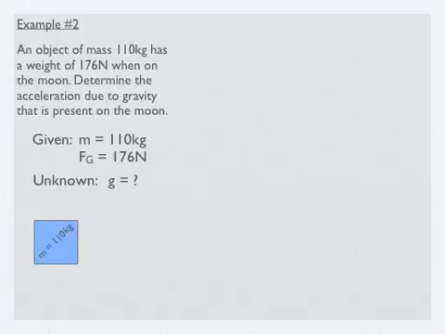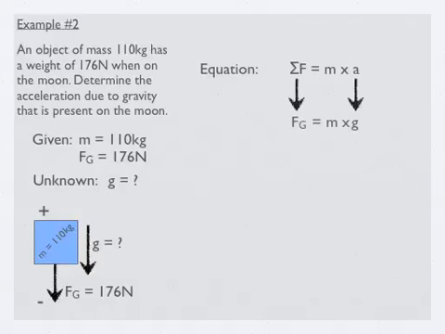We'll make our free body diagram, again just a simple shape, with up as positive, down as negative, our force due to gravity there, and then we're trying to find out what this acceleration due to gravity is, or our little g. So again, we come back to our equation, and we make that transformation from sigma F is equal to m times a into Fg is equal to m times g, and that'll give us our weight equation there.